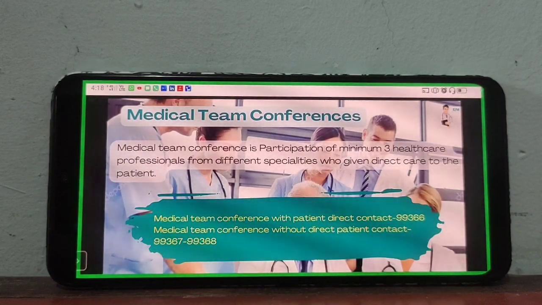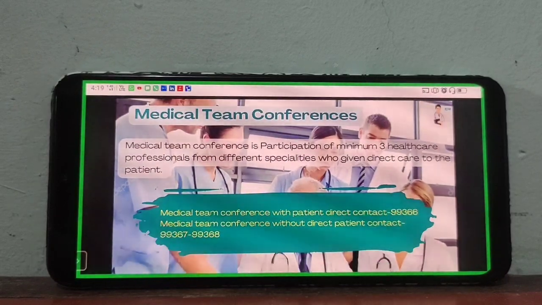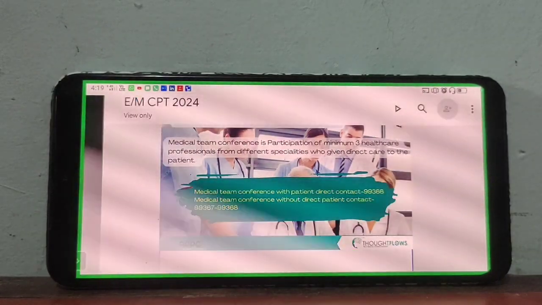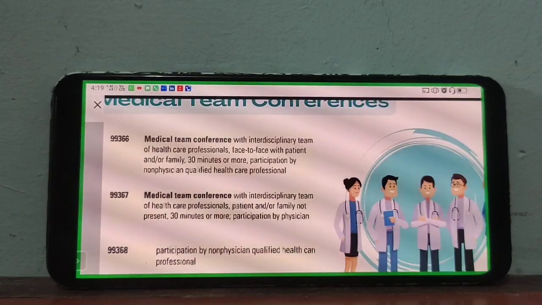In that team conference, if the patient and their family members are present, go for 99366. If the patient and their family members are not present, go for 99367 or 99368. One minute, I will show you. See that medical team conference.